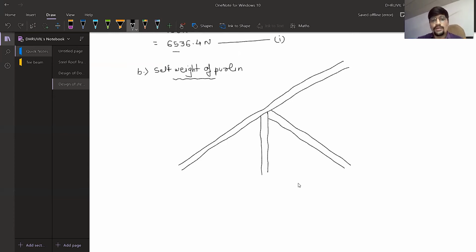For supporting the roof covering material, some angle portion will go throughout like this. For the roof covering material, one angle section is provided here that will be connected on this side with bolts and this side also with bolts.